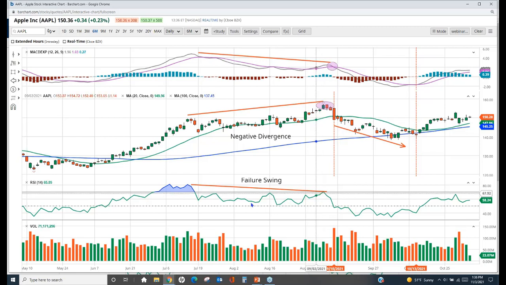When we make a high and we go into the overbought zone, and then we make a new high and the RSI fails to get into the overbought zone, this is a bearish or potential sell signal. So if all three of these lined up together, that would be a better opportunity if I was going to use the MACD for an exit or a potential sell signal.